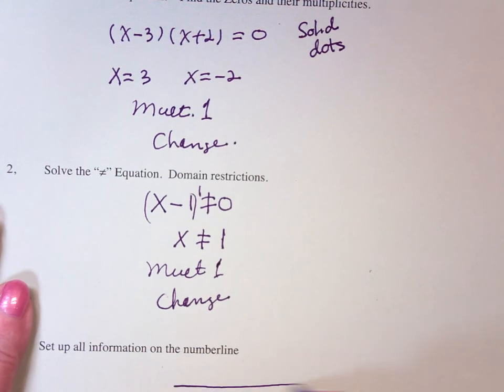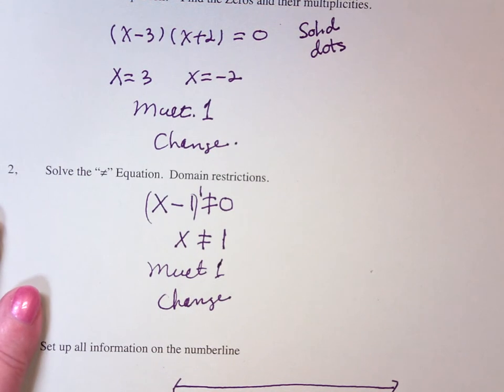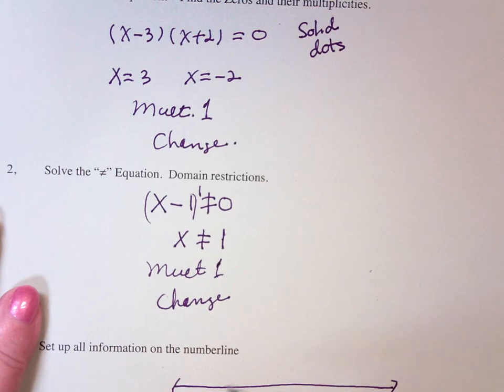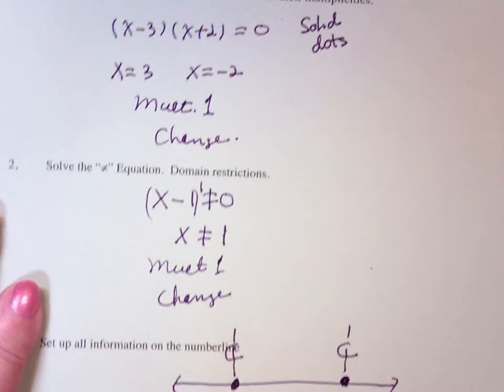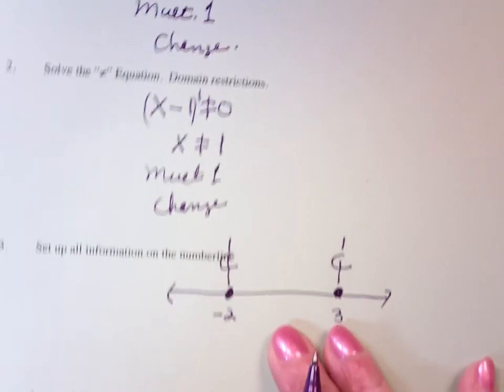So on the number line, I put my numbers. The x-intercepts, from the equal equation, they're solid dots. So I have a solid dot at negative 2. I have a solid dot at positive 3. They're both multiplicity 1, so the y values will change sign because the graph will cross.